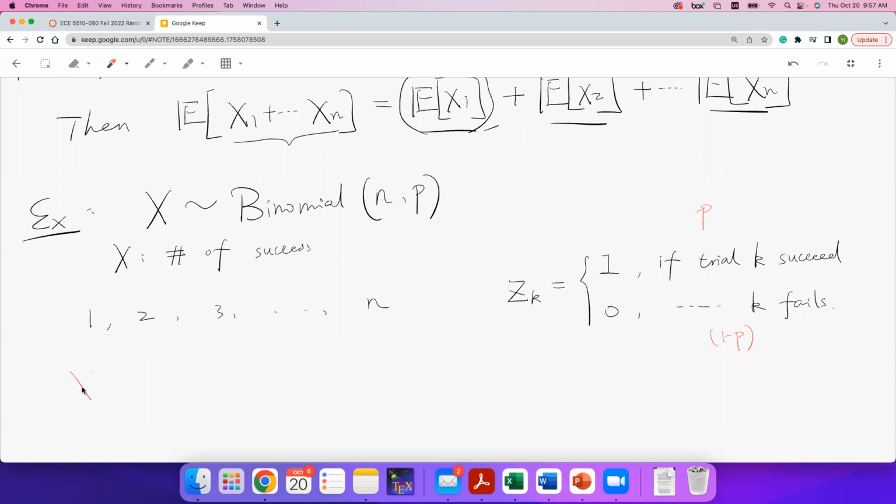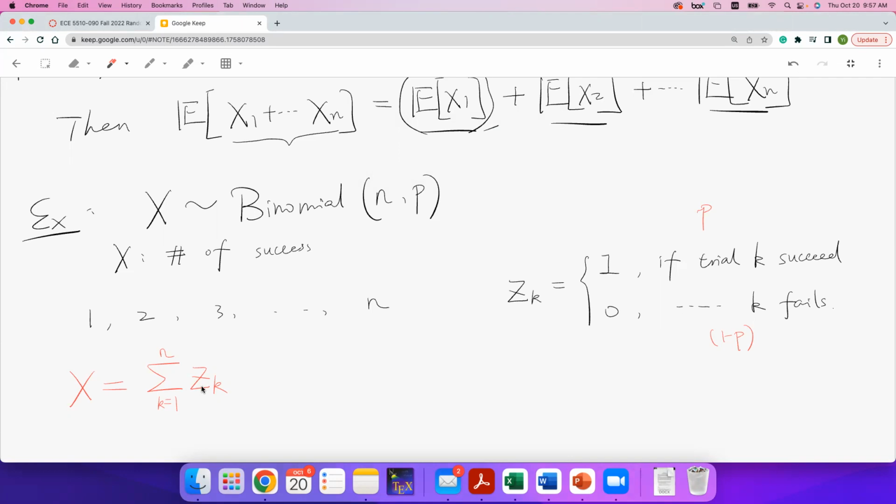Then the number of successes is simply a summation of Z_k, k from 1 to n. Right? Because Z_k equals 1 if that trial succeeds, now I sum up all these Z_k's. Those Z_k's which get 1 will give me the number of successes over n trials, right?